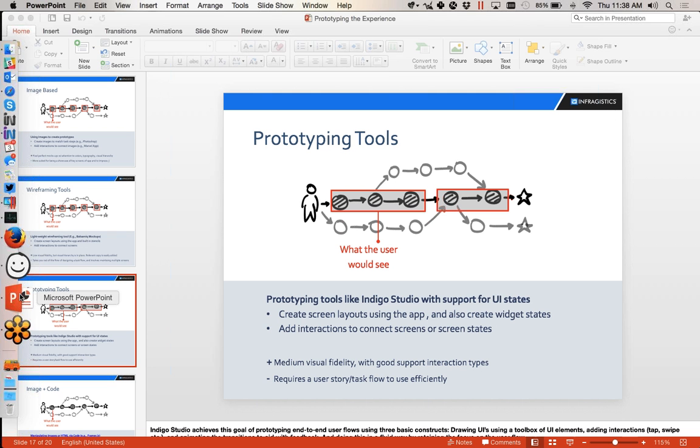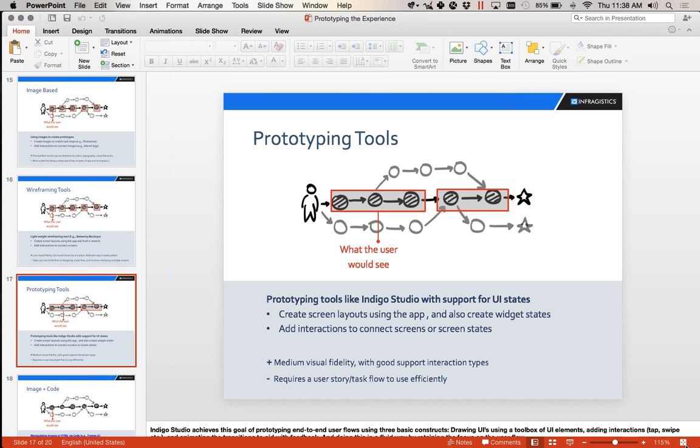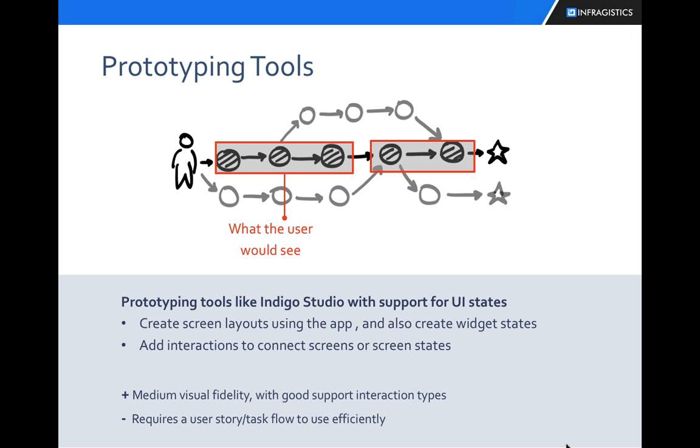So what that means is, instead of actually showing everything as separate, independent screens, they are sets of UI states linked together. And Indigo Studio, that's what makes it different, is that it can actually encapsulate those screens together, and you can divide up your flow in different ways.